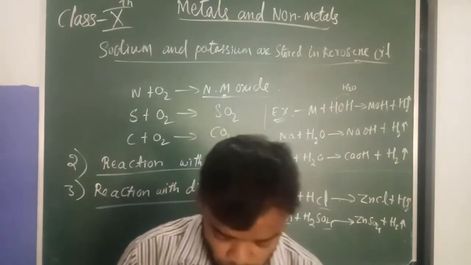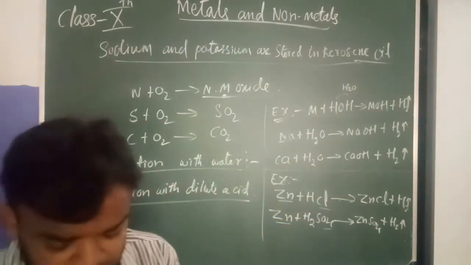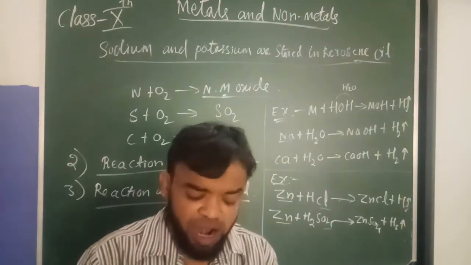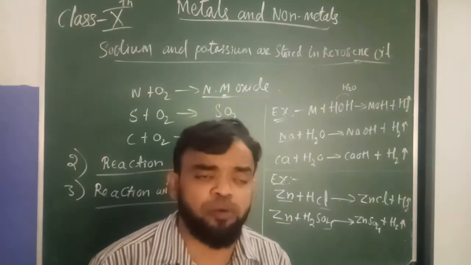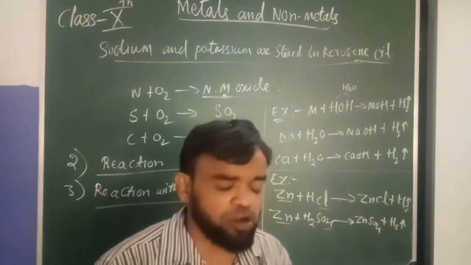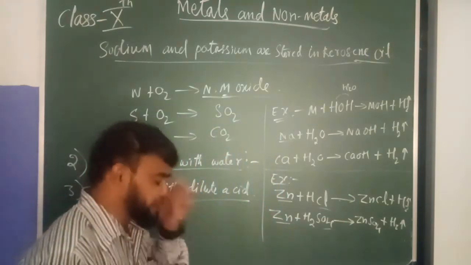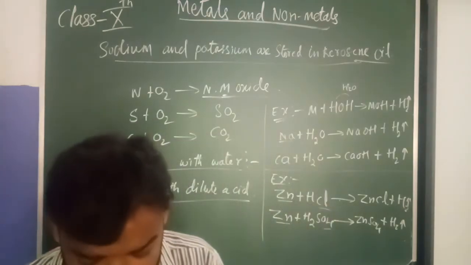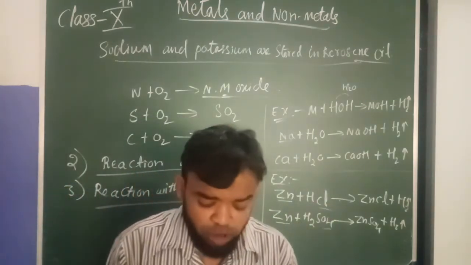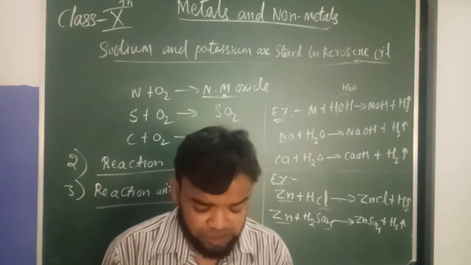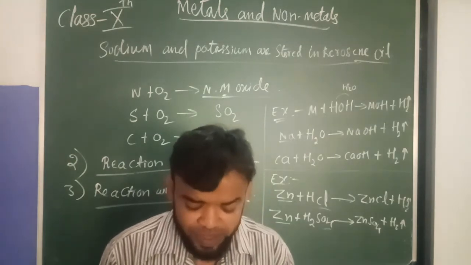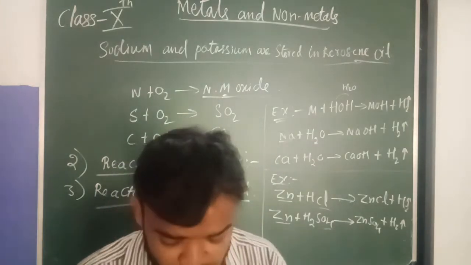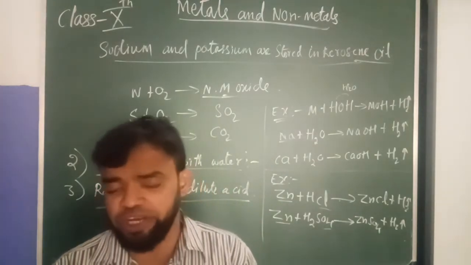Understood? So now I will explain non-metals. Non-metals do not react, as they can't displace hydrogen from acid. It will not be displaced, and the hydrogen will remain in the acid. Non-metals do not react with dilute acids because, to react, they need to displace the hydrogen, and for displacing they need to donate electrons.